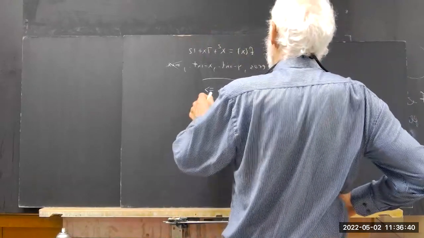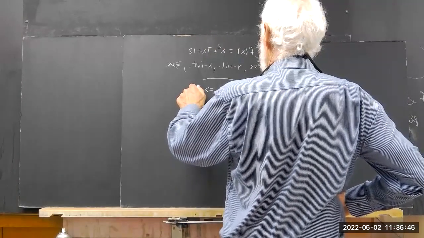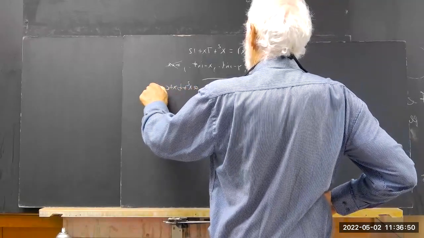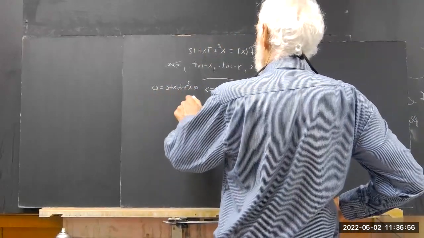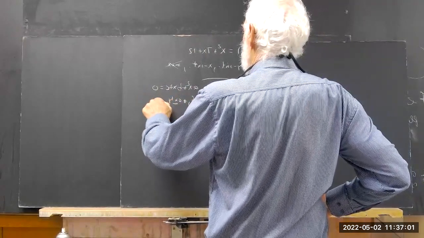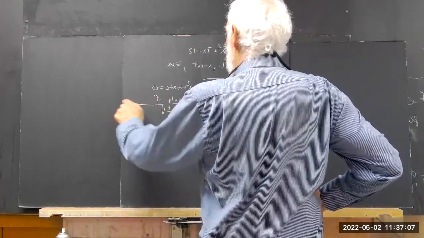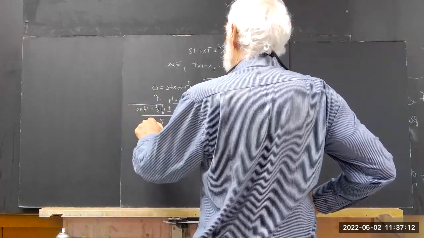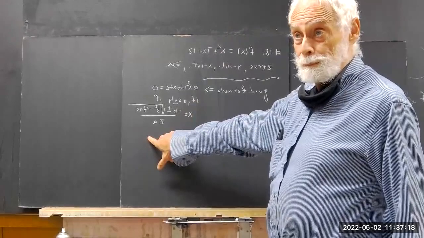It says ax squared plus bx plus c equals 0 if and only if x is one of these values.